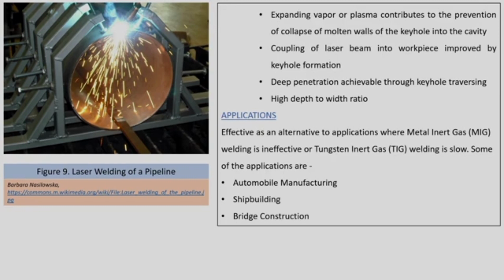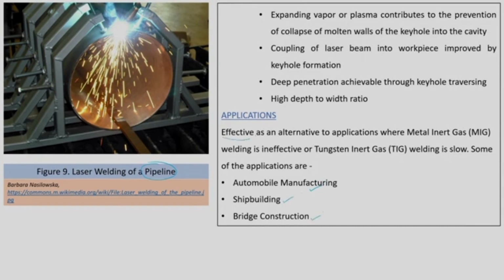Here the laser welding, as you can see on your screen, there is a pipe, and this pipe is getting welded by using the laser welding process. It is for the pipeline basically. Now, there are various other applications in automotive manufacturing, shipbuilding and bridge construction.